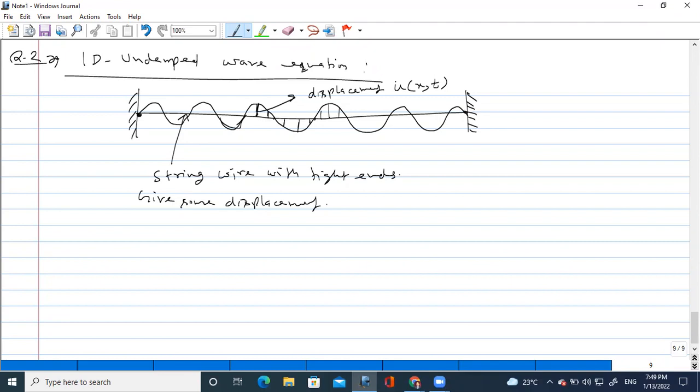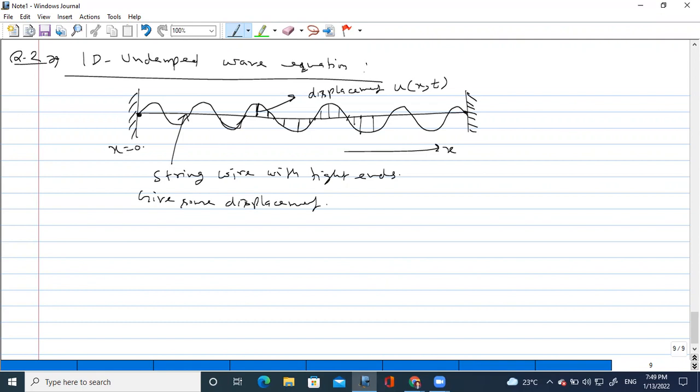Suppose this displacement is denoted by u. So u can be a function of position. If I am checking at x1 position, x2 position, x3 position, it is changing. With time also, as the time passes, it is changing. So it means here displacement is a function of two variables. Like this, a question can be created in the exam.